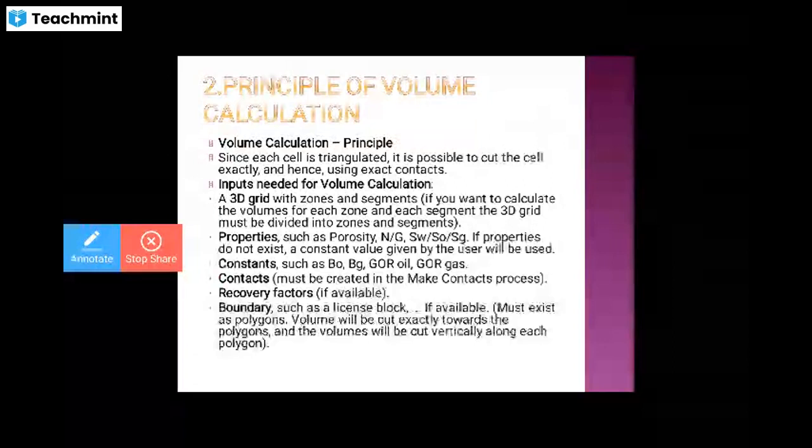And constants such as BO, BG, gas oil ratio, then contacts, then recovery factors, then boundary, which is using a license block, which must be available and which must exist in the polygons. The volume will be exactly towards the polygons, and the volumes will be cut vertically along each polygon. So these are the principles of volume calculation.